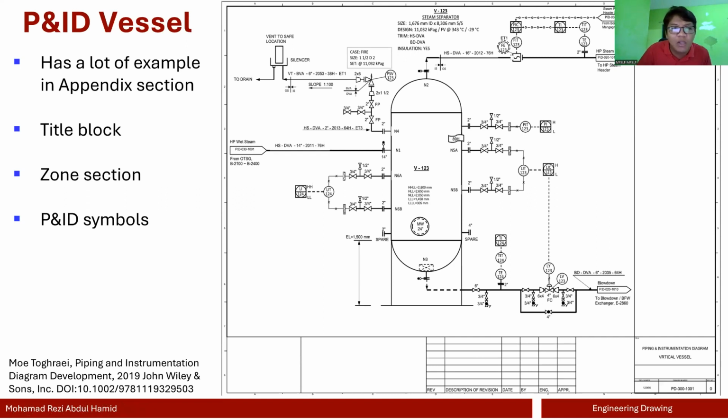But another thing that I would like you to refer to here is, you see here, PID 0301001. If you're given a PDF, this is clickable. So when you click these numbers, it will direct you to the next P&ID, the P&ID of the unit before this vessel 123.